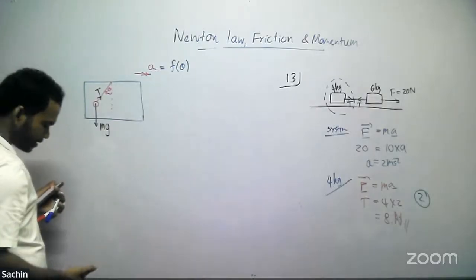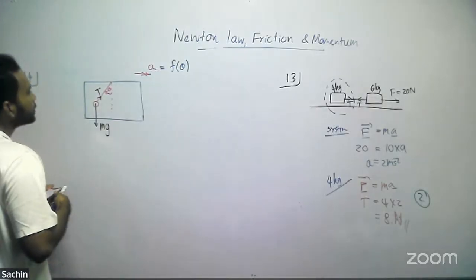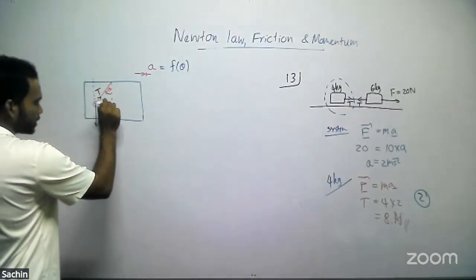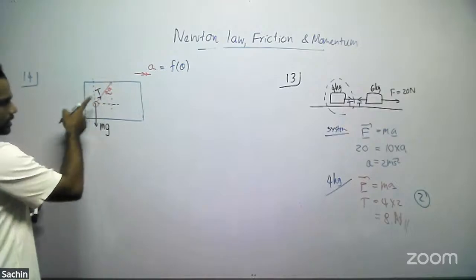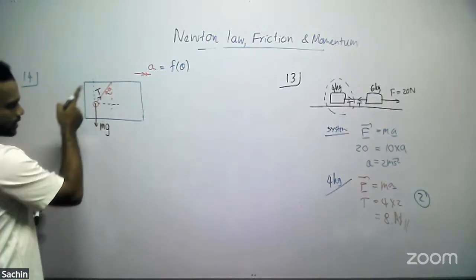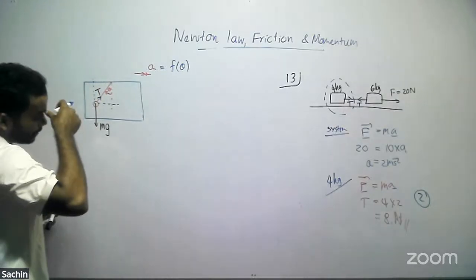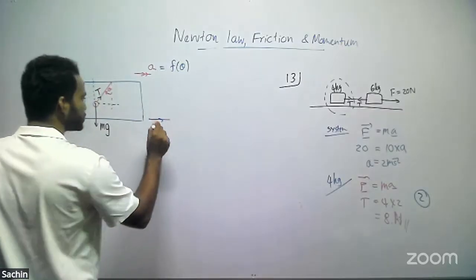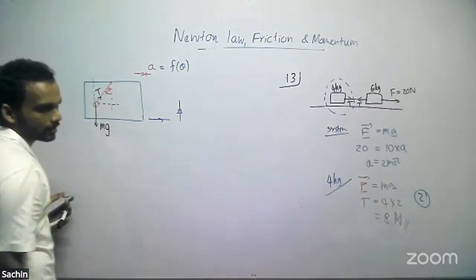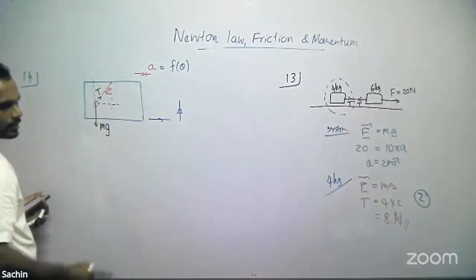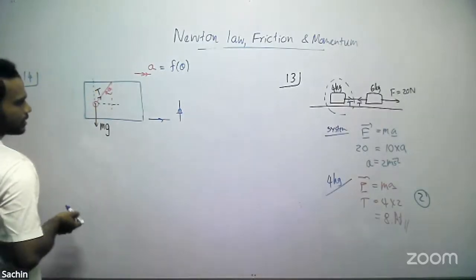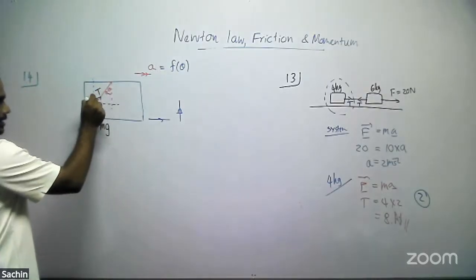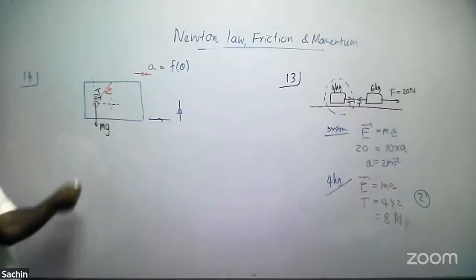So when explaining this question, the best way is this: the tension force is inclined. But when we are describing motions, we mostly consider the horizontal direction and the vertical direction. For that we need to resolve this tension. We can't keep it inclined; we have to resolve it. When you resolve this, if this angle is theta, then this alternate angle should also be theta.